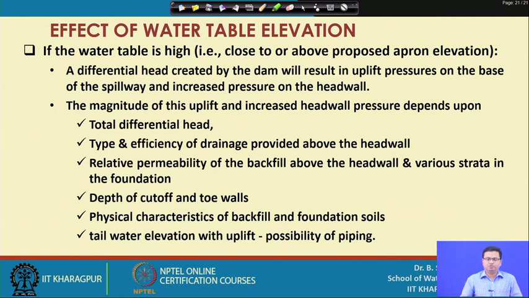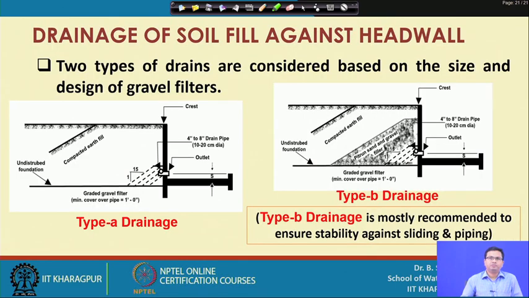The magnitude of this uplift and increased head wall pressure depends upon various conditions like the total differential head, type and efficiency of drainage provided above the head wall, relative permeability of the backfill above the head wall and various strata in the foundation, depth of cutoff and toe walls, physical characteristics of backfill and foundation soils, and tailwater elevation. With uplift, there is a possibility of piping.